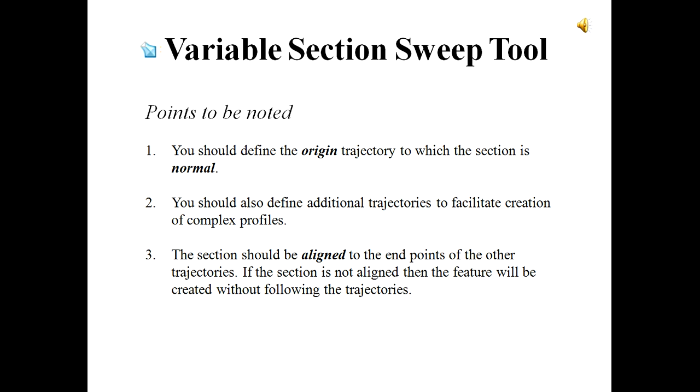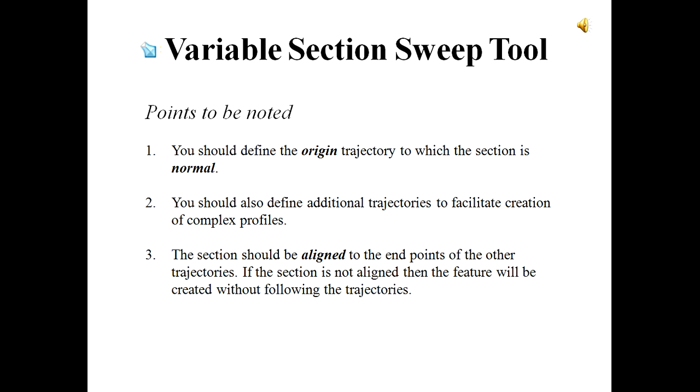Let's study some rules which are to be followed for the effective working of the variable section sweep tool. As we have seen in the last PPT, the variable section sweep tool has two components, a section and a trajectory. Only one section is to be used but multiple trajectories are permitted.